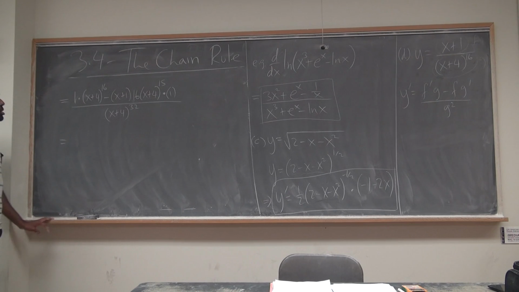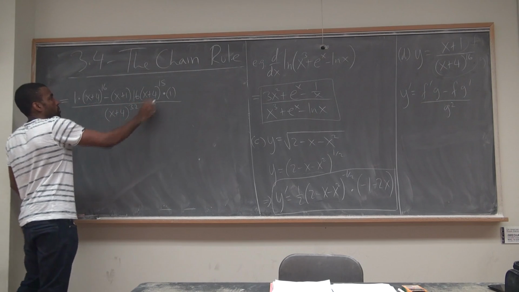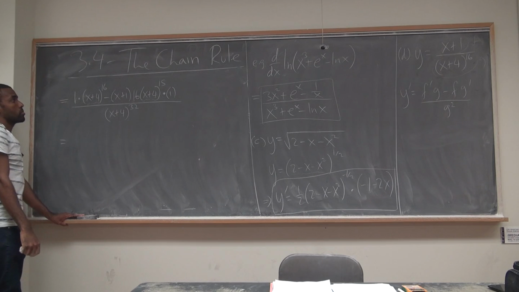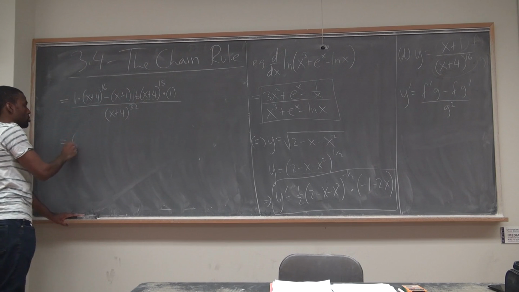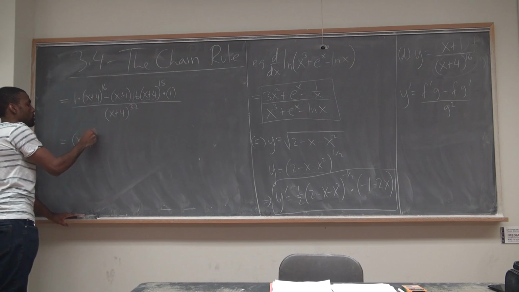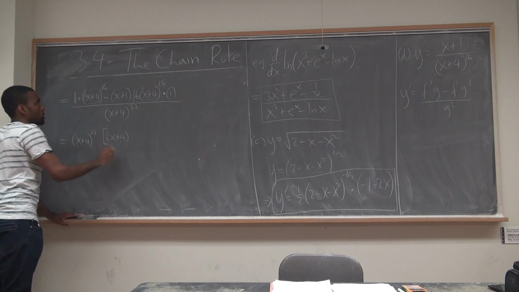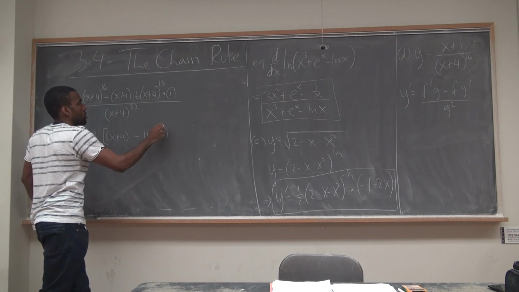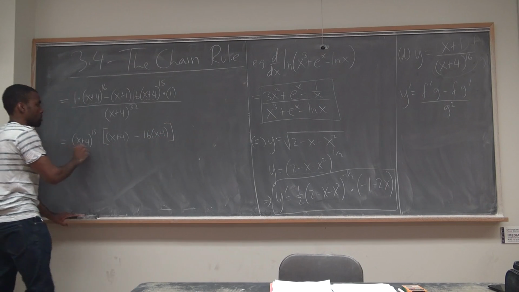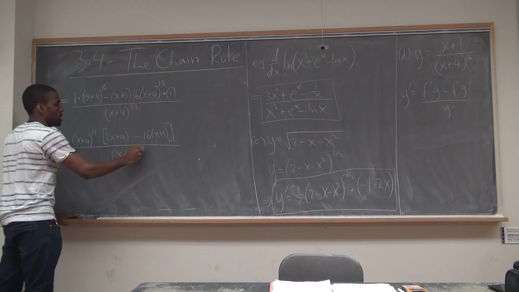Now at this point we can sort of simplify things. If I look at the top, notice that x plus 4 is a common factor. So to factor this, we can actually pull out the lowest power. So I'm going to pull out x plus 4 to the 15. I will be left over with x plus 4 to the first power minus 16x plus 1 over x plus 4 to the 32nd power.